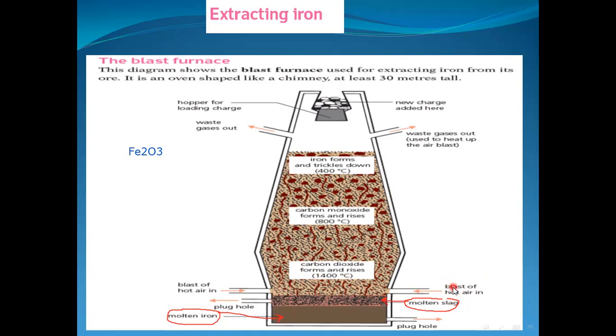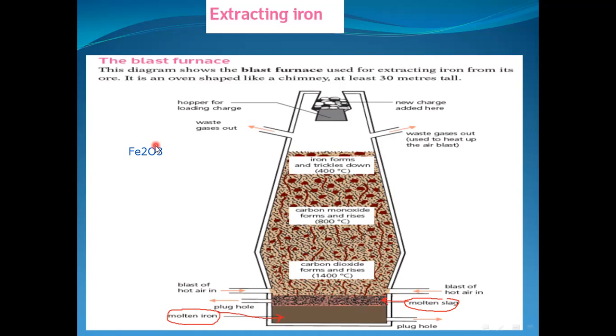So no oxidation takes place. Got it, Habiba? Can you tell me what is the importance of molten slag? So the molten iron doesn't react with the hot air. Yes. Imagine with me, there is no slag here, so iron will be in direct contact with oxygen. It will form Fe2O3. But we know I don't need Fe2O3. I need iron alone.